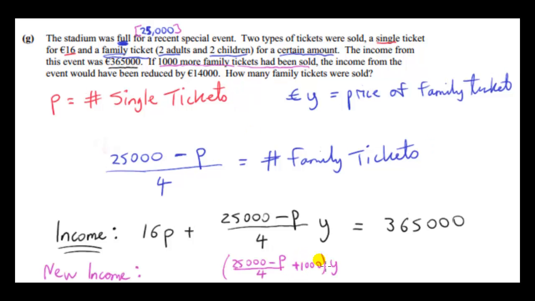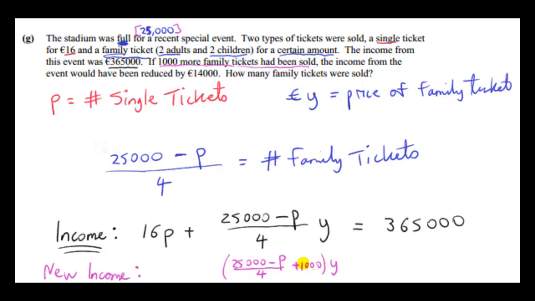So here I'm writing down the income from the family tickets. So this is the new income from the family tickets. So in brackets is the number of family tickets sold. That's the old expression, plus 1,000. But we have to multiply it by Y. Y is the price of a family ticket, so apparently that hasn't changed. Well, we are not told that the price of a family ticket has changed. It's still Y euros, whatever Y is.